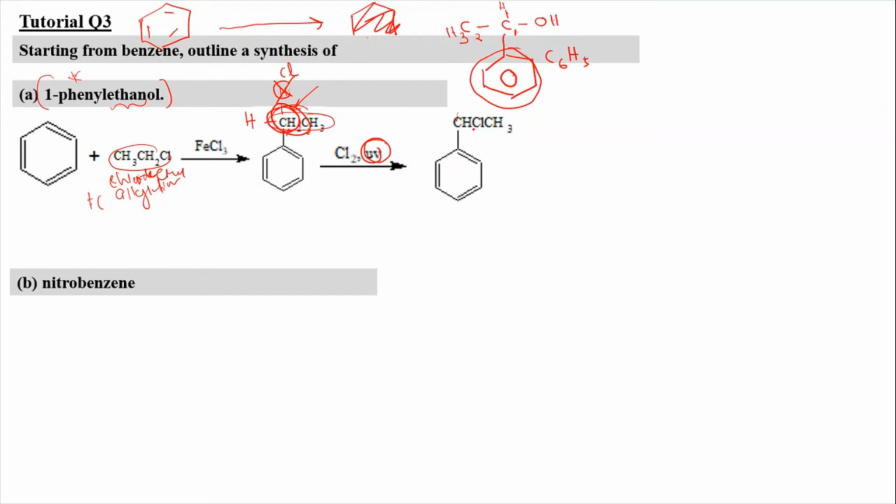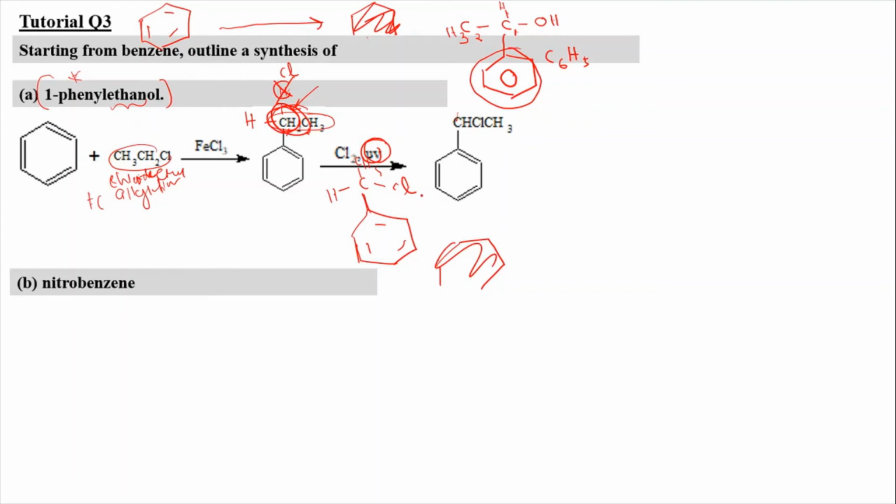Okay, now when I have CHCl, CH3, you can also expand the structure. Benzene. So now you have your C, H, CH3, and Cl. So what you need is OH here.